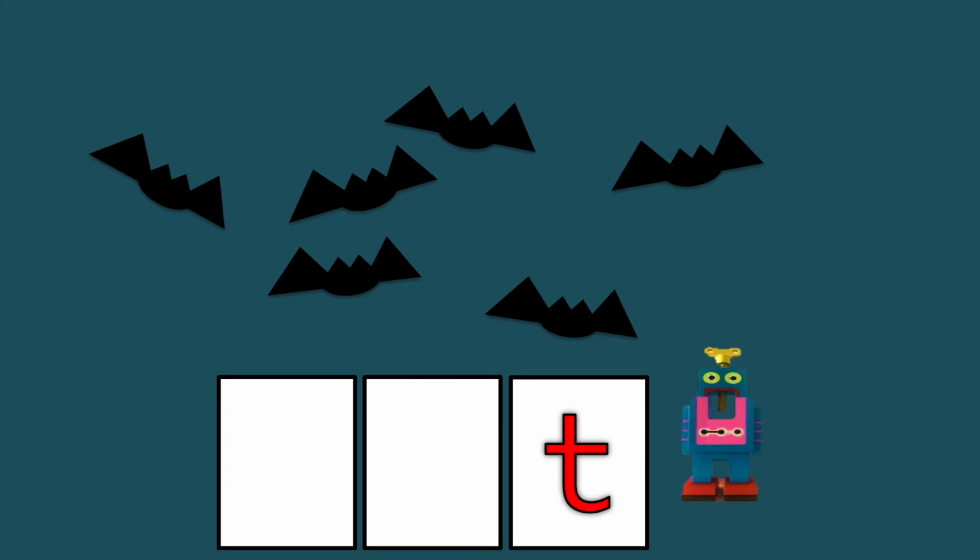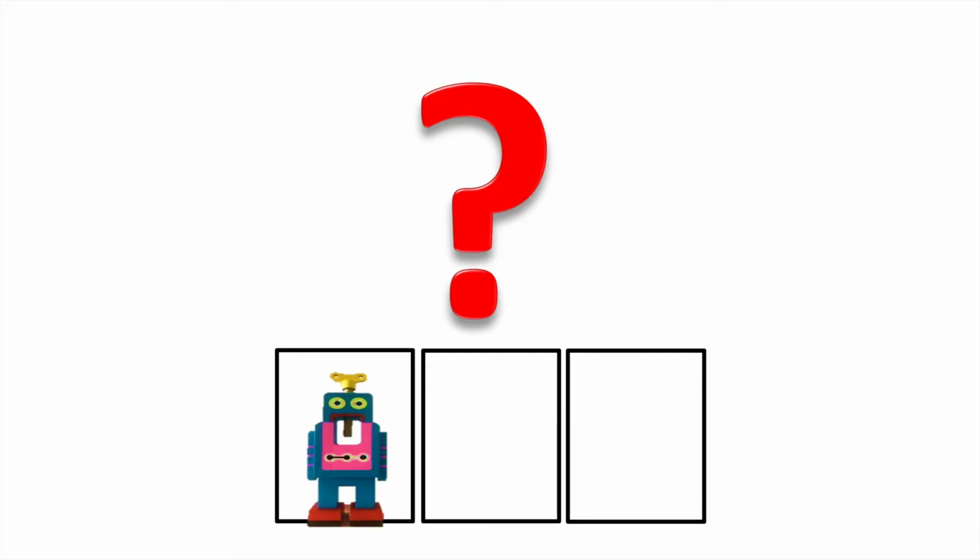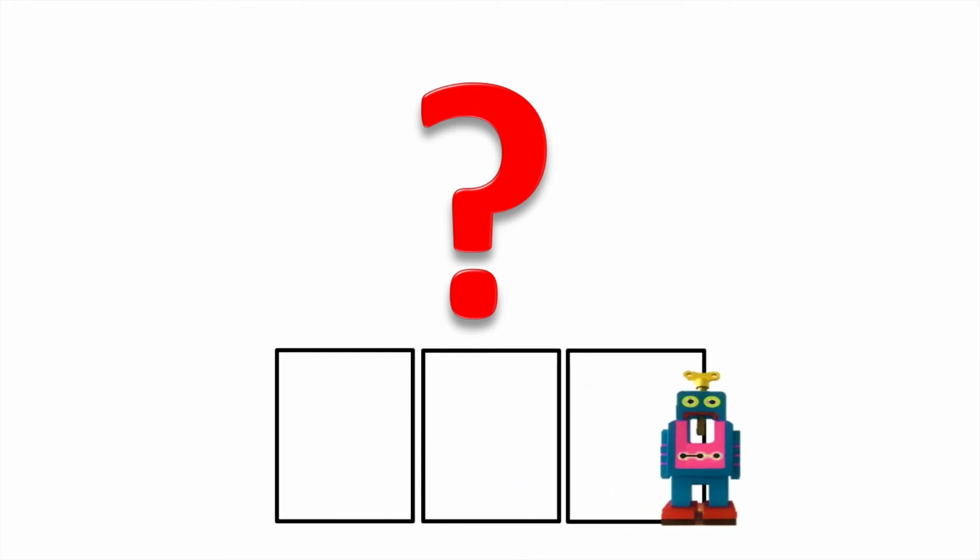Did you get it right? The T was at the end of the word. Let's try the next word. What? That's a question, isn't it? What time is it? What? W-o-t. What?